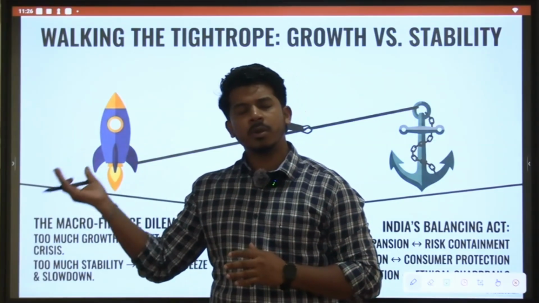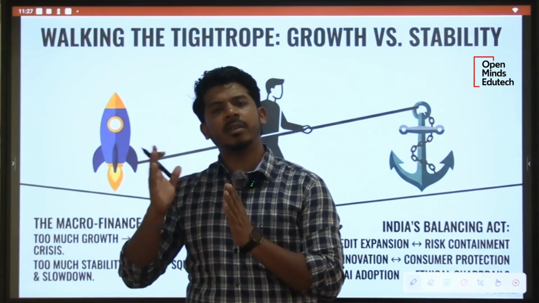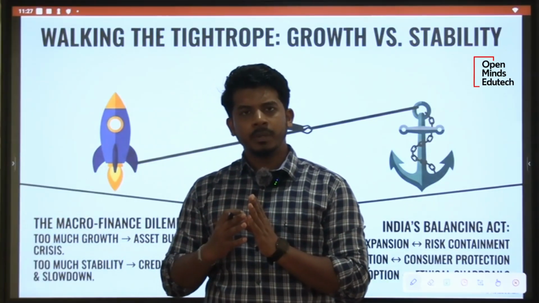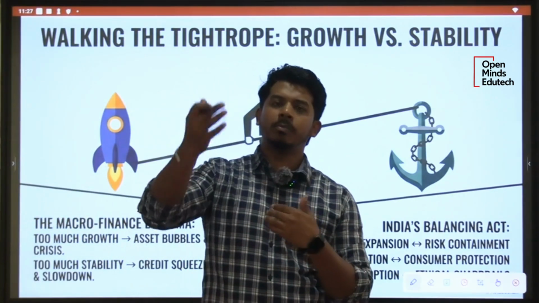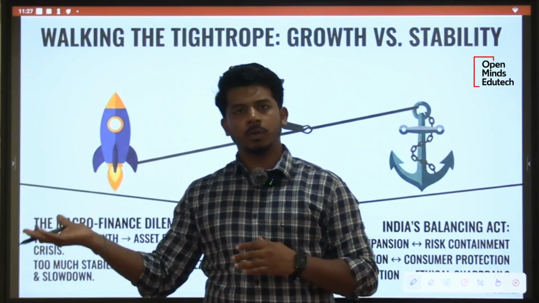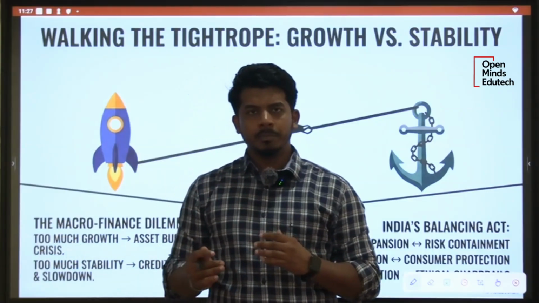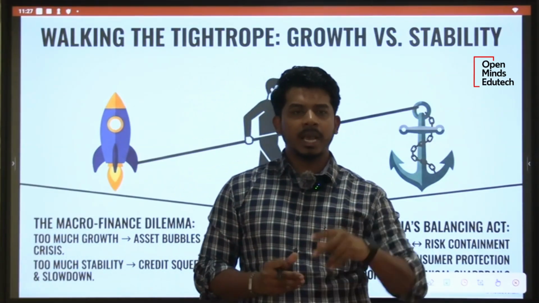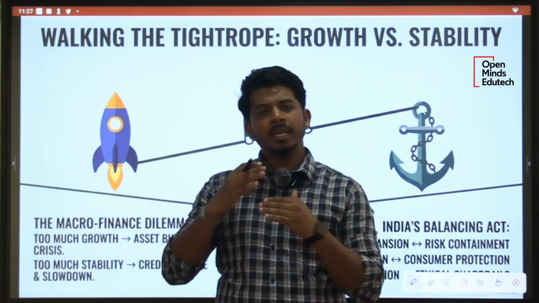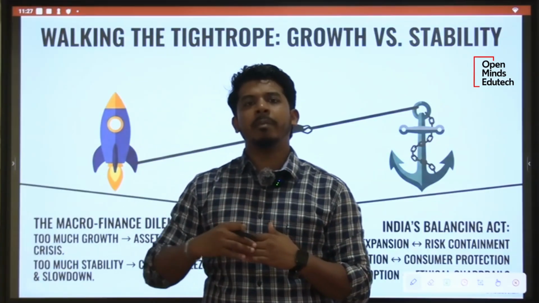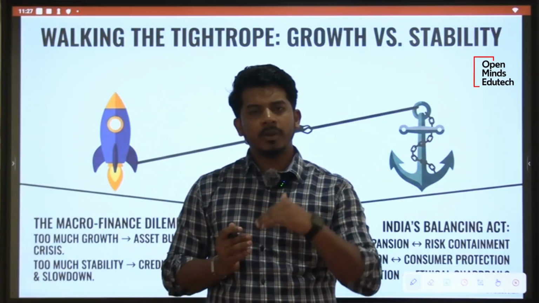If a bank keeps on giving loans to everyone who is asking, not everyone will repay. We think the more loans a bank gives, the more profit the bank earns, and the more growth. But it is not true. Beyond a certain point, growth becomes very harmful. If a bank keeps on giving unlimited loans, some will not repay and the bank will go into crisis. So there will be a middle point.